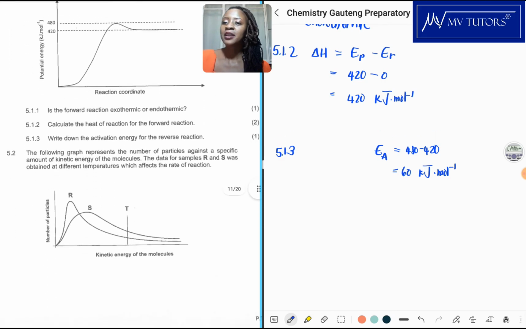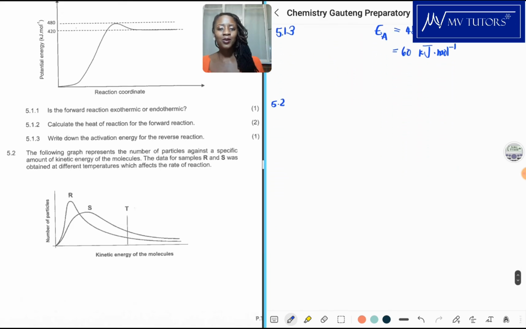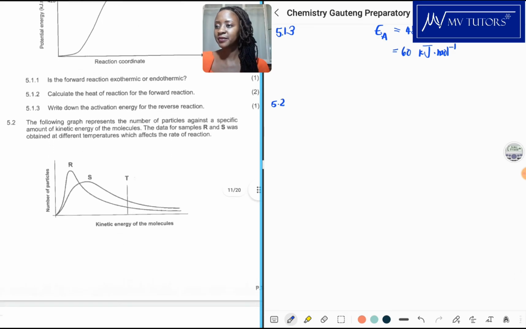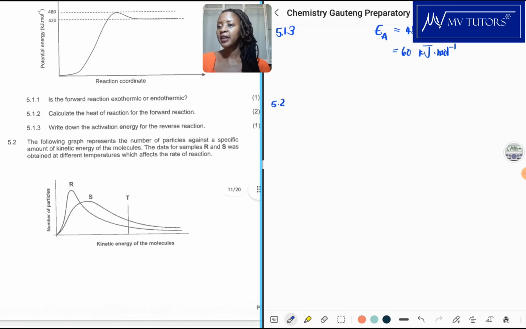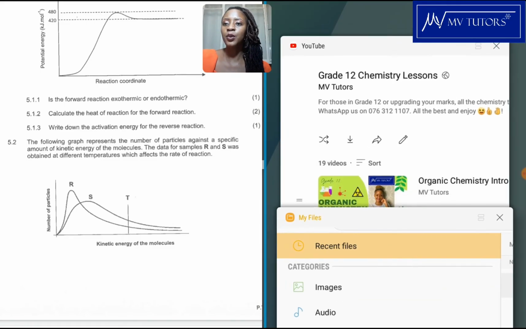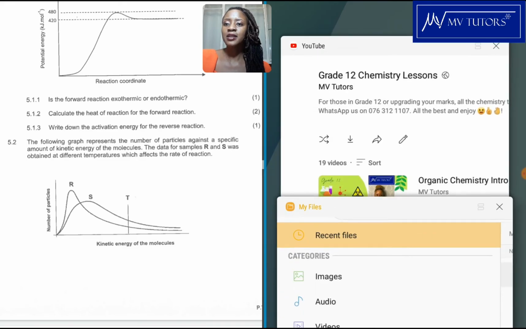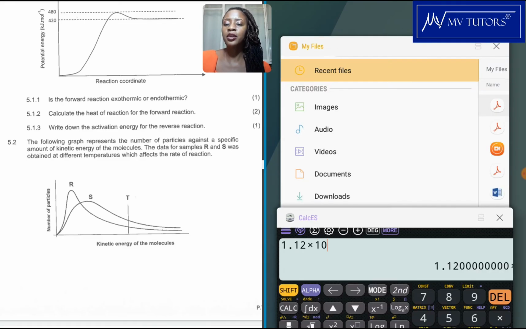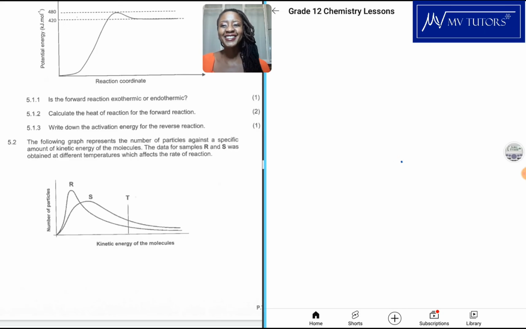Now we get to 5.2, and 5.2 has to do with the Boltzmann chart or graph. Before we even get to it, just to show you, if you want to understand it a little bit more, you can find it here.